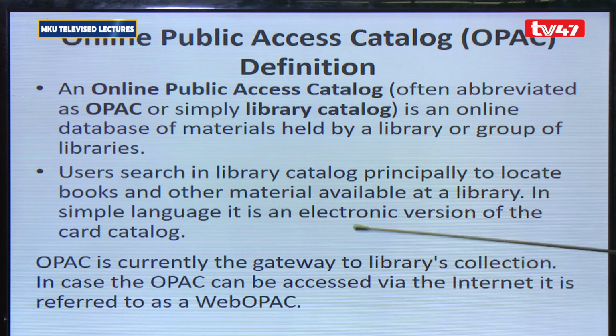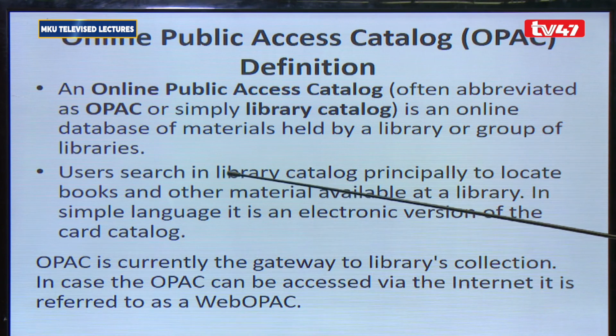So users search in library catalogs principally to locate books and other materials available at a library. In simple language, it is an electronic version of the card catalog. OPAC is currently the gateway to a library's collection. An OPAC can be compared to a key.